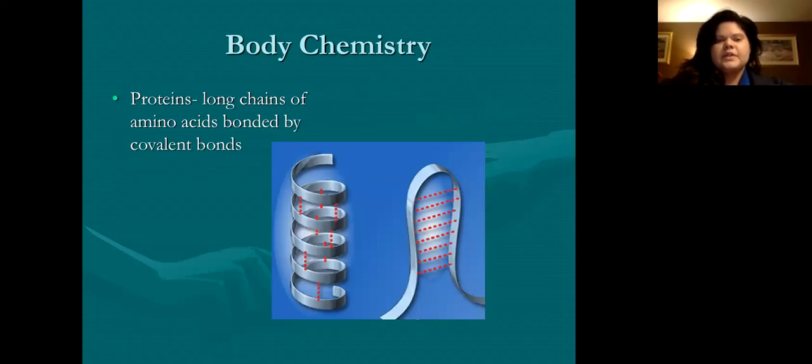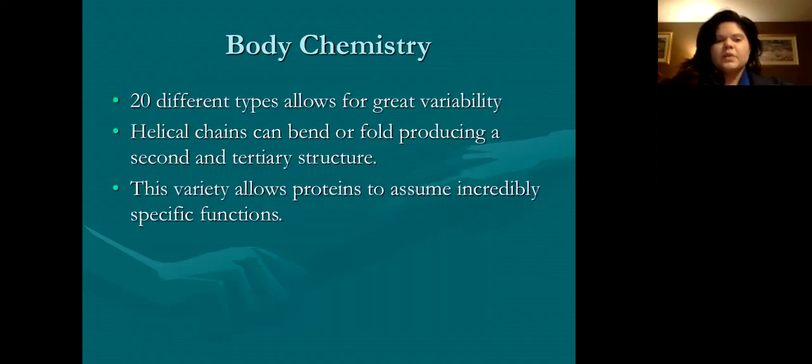In body chemistry, proteins are a long chain of amino acids bonded by covalent bonds. There are 20 different types that allow for great variability. There's a helical chain that can bend or fold, producing a secondary or tertiary structure. This variety allows protein to assume incredibly specific functions.